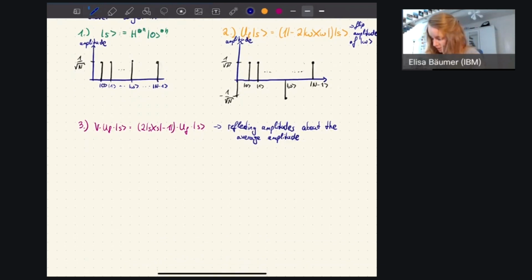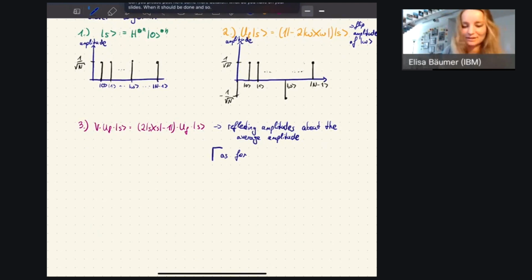Let me quickly show you why this holds, just for those who are interested in the details. If not, just skip the next 2 minutes and then just look at the plot.